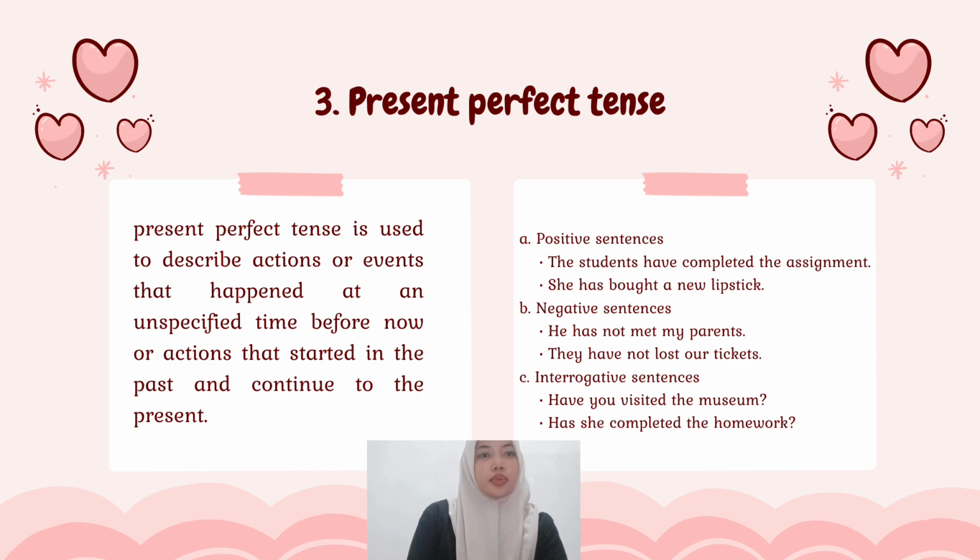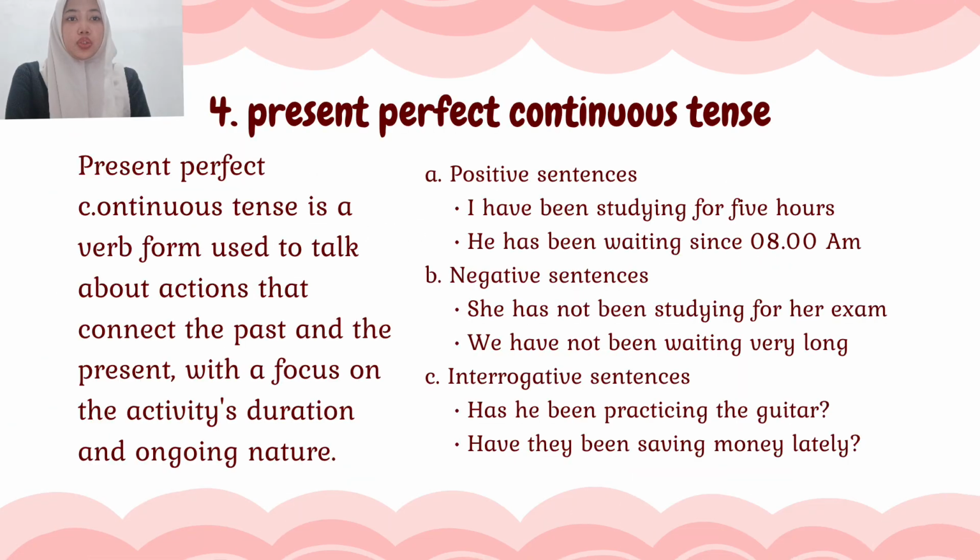And the next, present perfect continuous tense. Present perfect continuous tense is a verb form used to talk about action that connect the past and the present, with a focus on the activity's duration and ongoing nature.